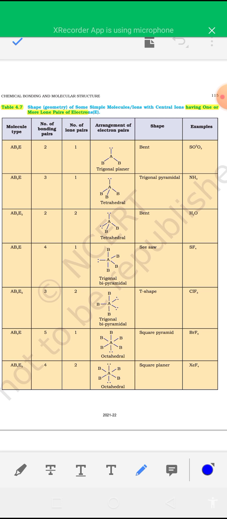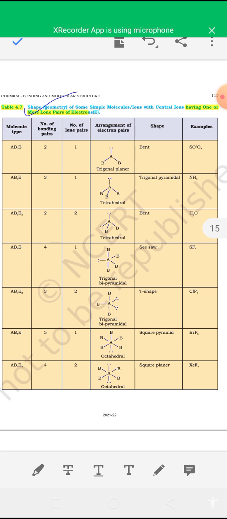So when there is one lone pair, in this table: shape or geometry of some simple covalent molecules with one or more lone pairs of electrons on the central atom. First one is AB2E type molecules, where E is lone pair.